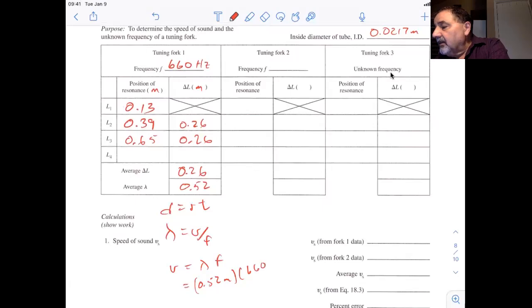So we've got 0.52 meters times 660 cycles per second. We can even call this meters per cycle, because that's a wavelength. Lambda is a wavelength, so it's 0.52 meters per cycle, 660 cycles per second. The cycles are going to cancel out, and we're going to get meters per second.